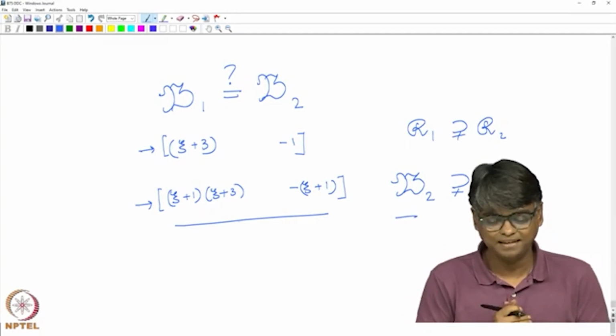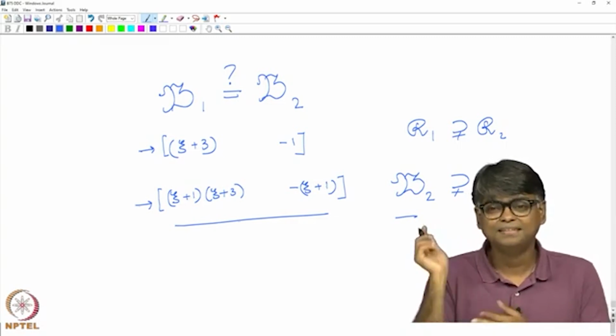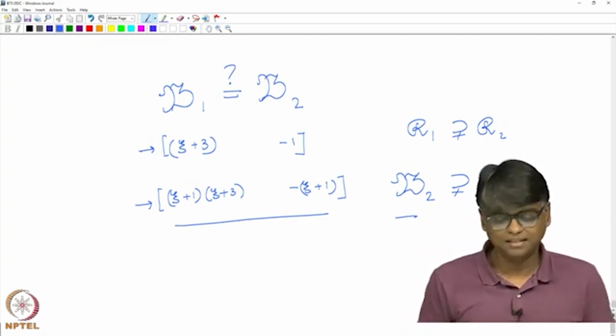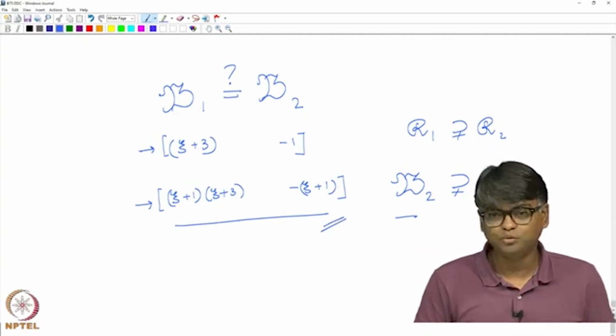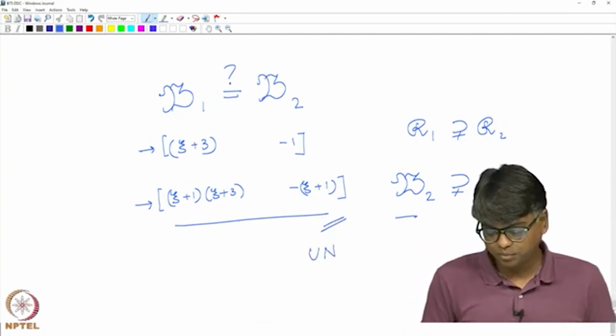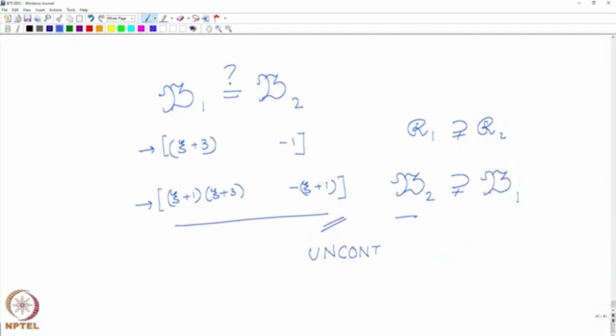Isn't it surprising? The reason is that, as we will see in the next lecture, this behavior B2 is an uncontrollable behavior. Now, that is different from a state space representation being uncontrollable. It is an uncontrollable behavior, which means it is a property of the behavior itself that it is uncontrollable.